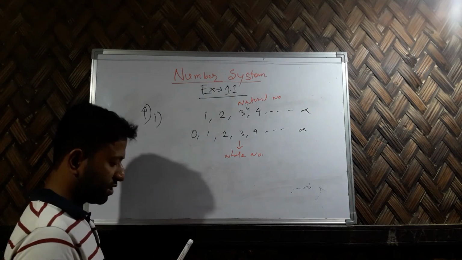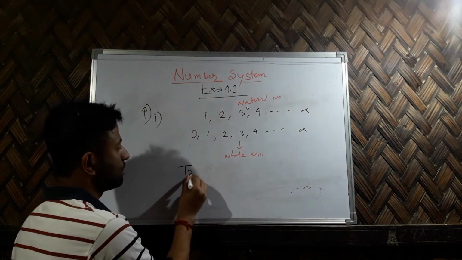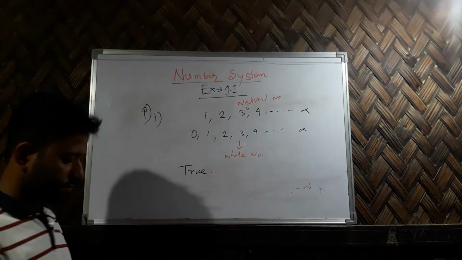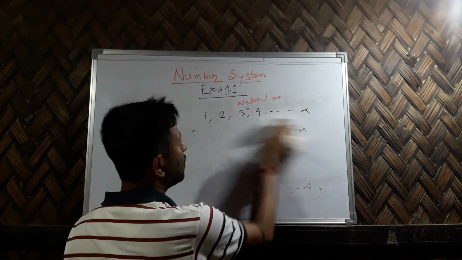That's why I'm writing the statement is true, because these natural numbers are coming in between, that is true.